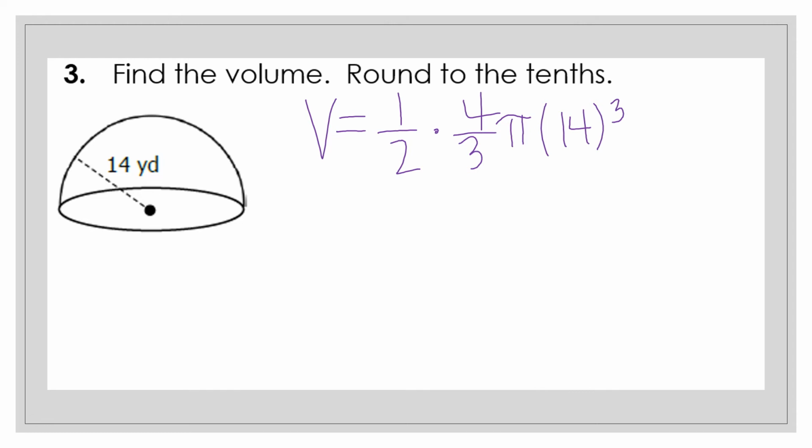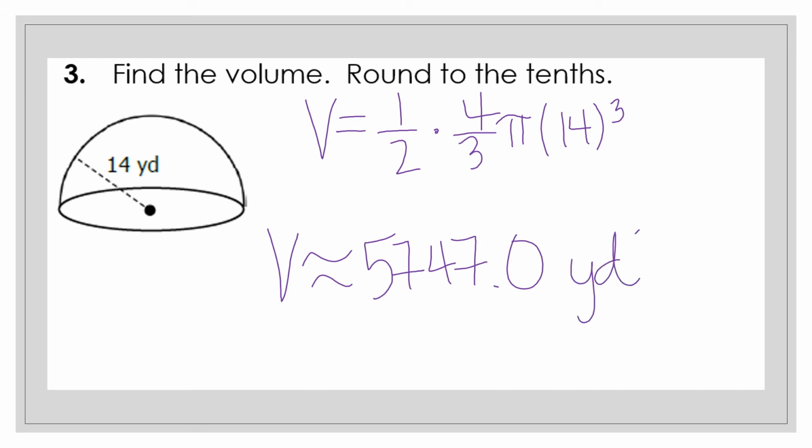But you could do 4/3 pi times 14 cubed to get that answer and then divide it by 2. Again, it's a preference thing. This one should be approximately 5,747.0, and this would be yards cubed.